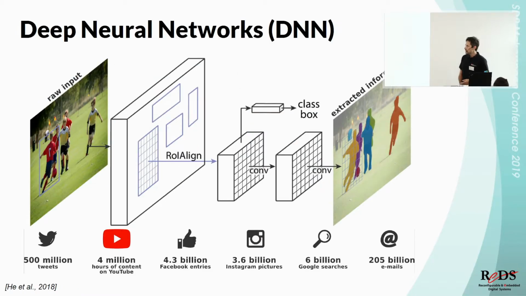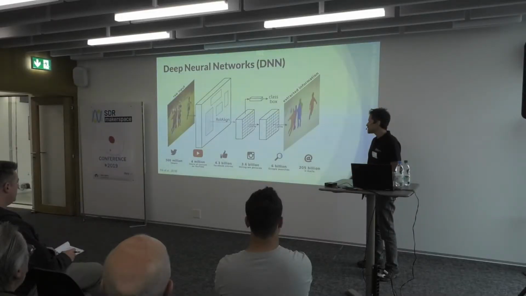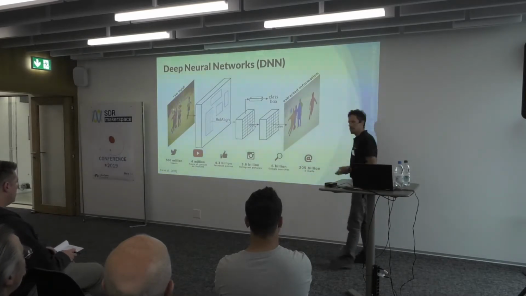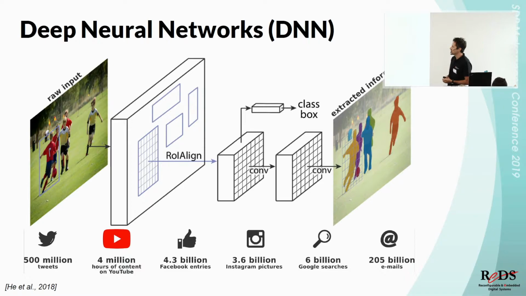Why now? Because, as I already said, we need a lot of data for this algorithm to work pretty well. And with our connected society, this huge amount of data is actually available today. So it's quite easy now to have an algorithm look at an image and pass it through many, many kinds of filters in this machine learning approach called deep neural networks, and then say, okay, these are guys playing football.